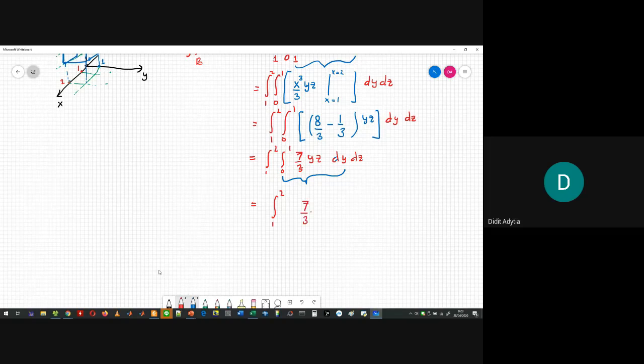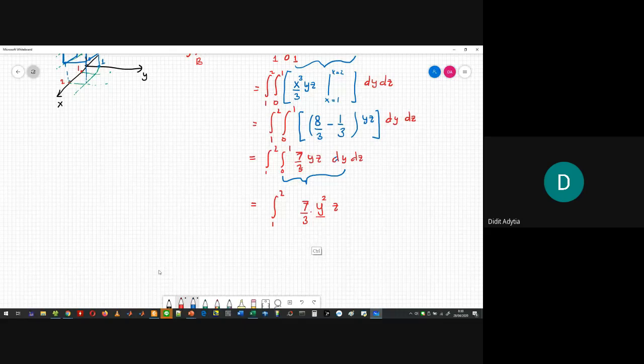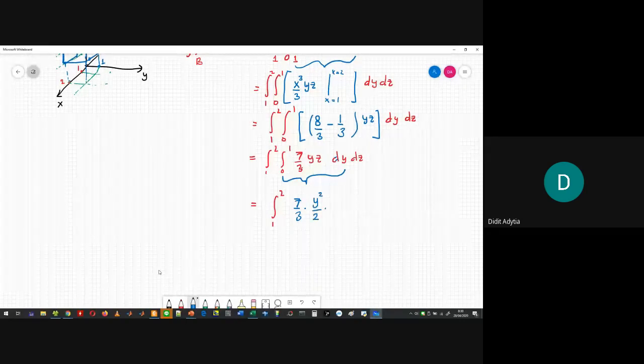Oke, ini di sini ada z. Di sini y jadinya berapa? Square. Oke, y square over 2. Kita pakai biru ya. Okay, I will use a blue to make it clear. So this one is 7 over 3, and then y square over 2. Kita integralkan terhadap y ya. And then z we consider it as constant.